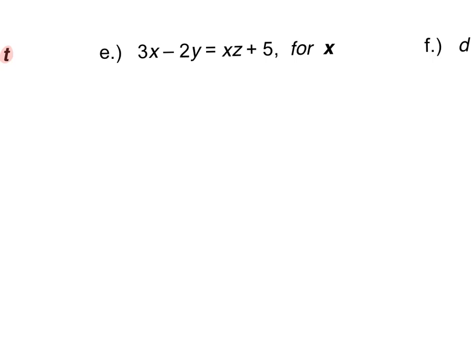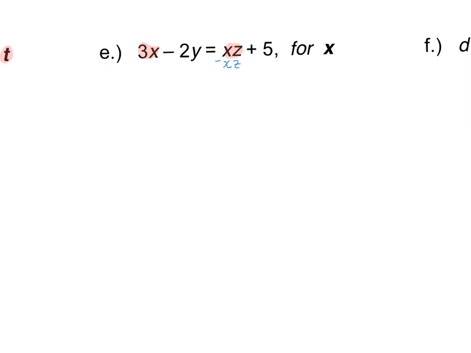Okay, next, example E. I'm solving for x, which is on both sides. You're not really going to learn this until the end of the year, but I'm going to go for it anyway. So basically the x's need to get to the same side. So let's start there.